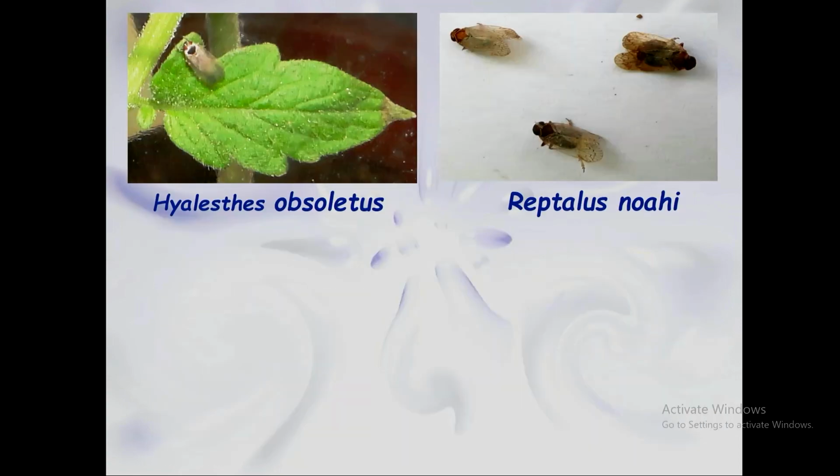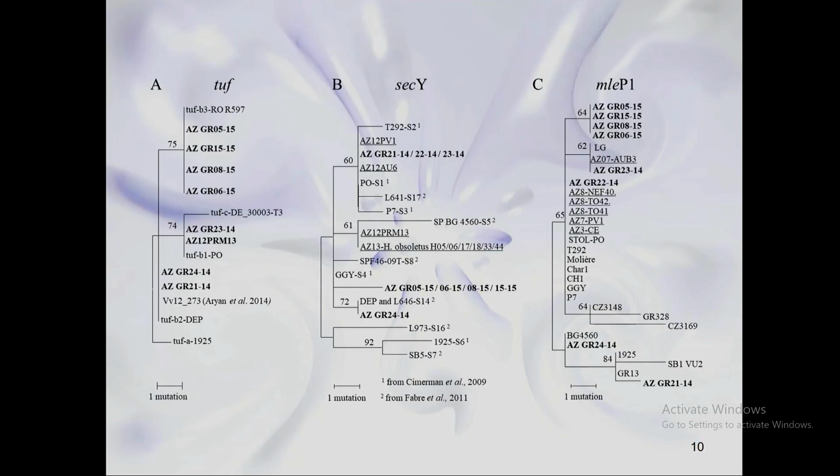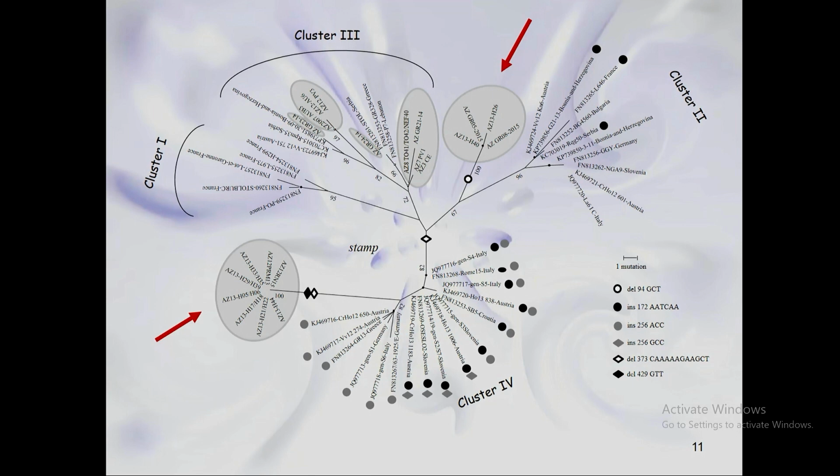The infected insects were identified as Hyalesthes obsoletus and Reptalus panzeri. All of the Candidatus phytoplasma solani isolates from Azerbaijan were subjected to the multilocus sequence analysis with secY, MLP1, which was developed by us, and also the stamp gene.